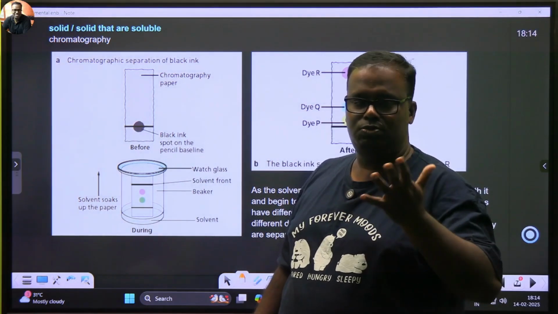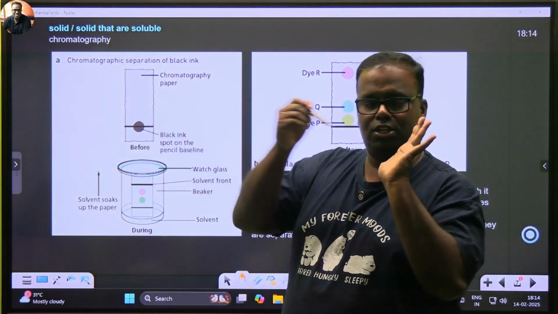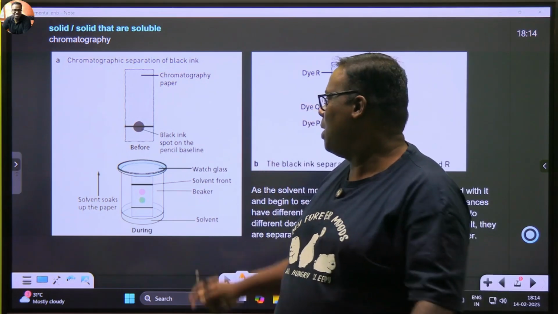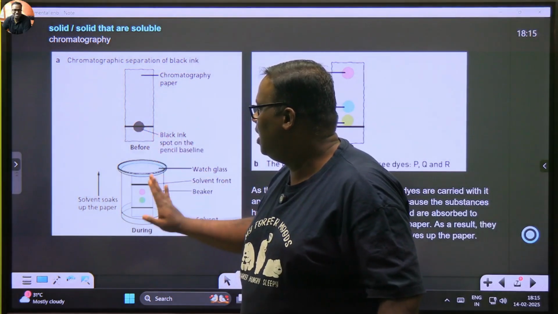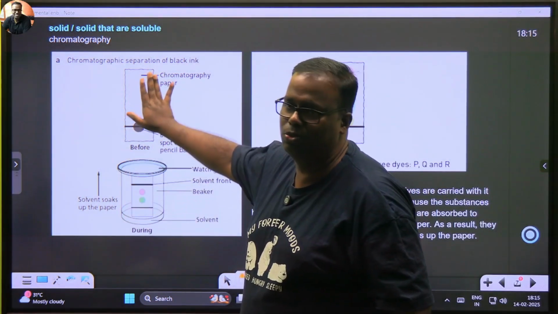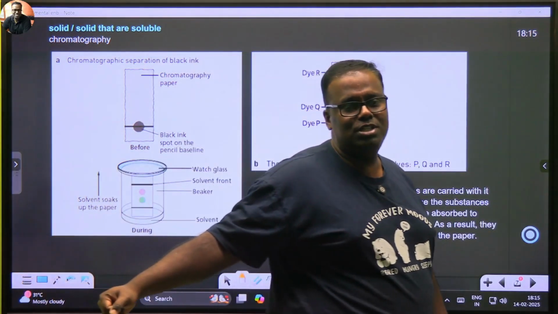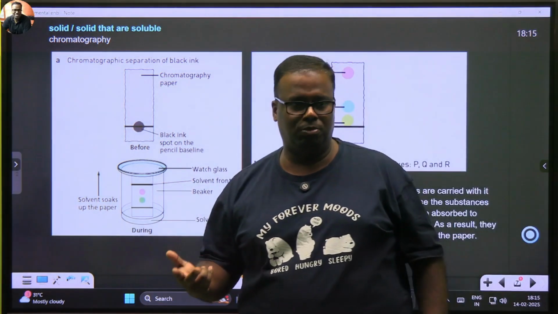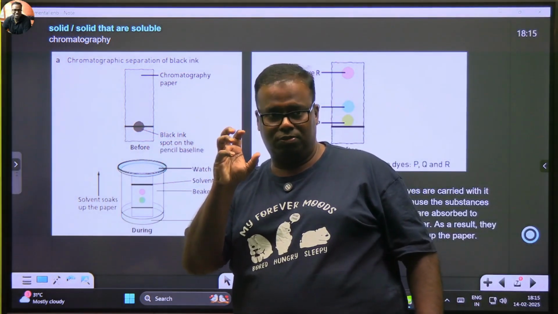In our case, we used a filter paper and a cotton bud dipped in carrot juice, putting concentrated carrot juice on it. After that, the process is simple. We allow a solvent to pass through it. The solvent will drag the components along with it. Each component will have two types of properties. One is absorption by this particular chromatography paper.